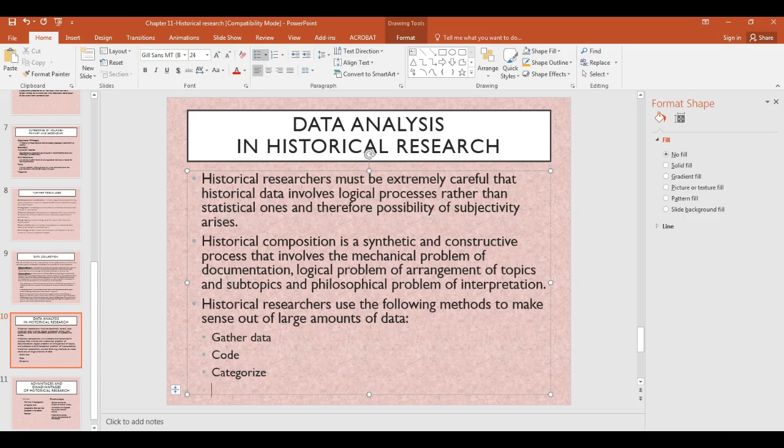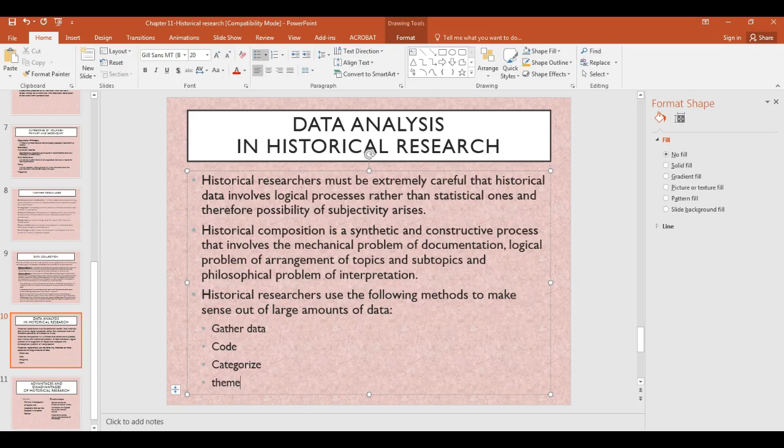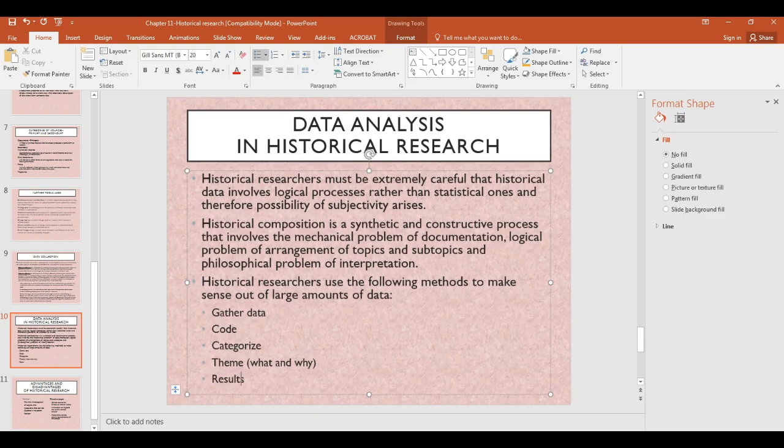And then themes, and these themes will be in a historical research probably what and why things happened. And then the final piece of your data analysis is the results, and that's when you do the discussion.